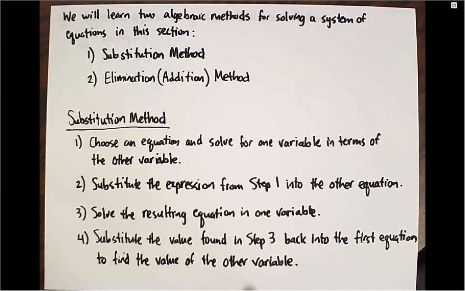And then you'll get x equals something and y equals something. Your answer is written as an ordered pair, in parentheses, x comma y. And like I said, the ones we're going to do in here are going to have either one ordered pair solution or none.